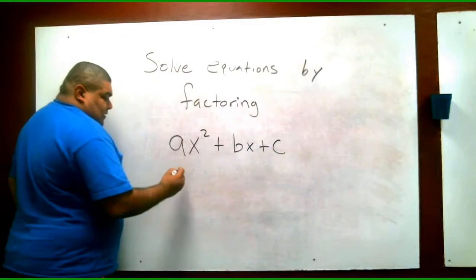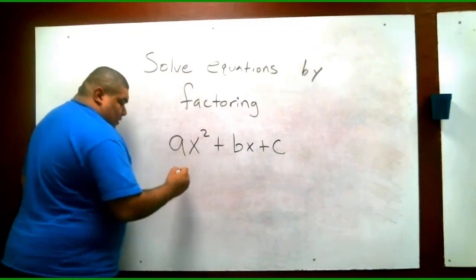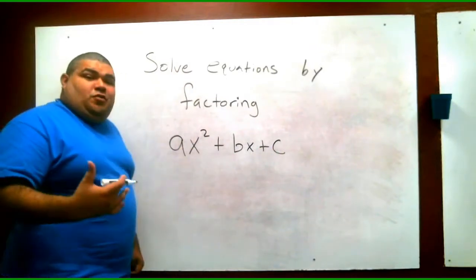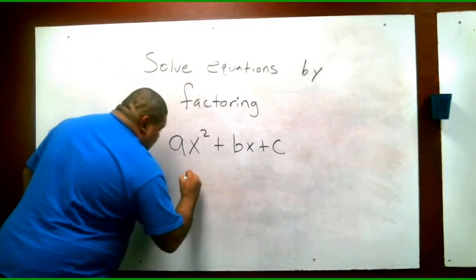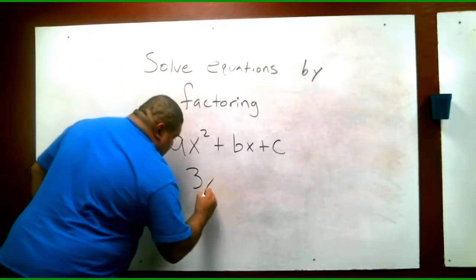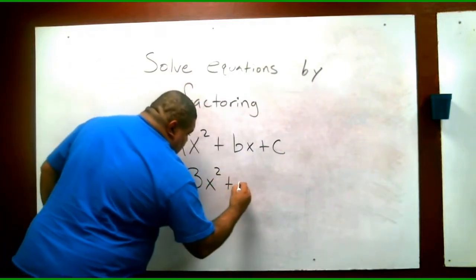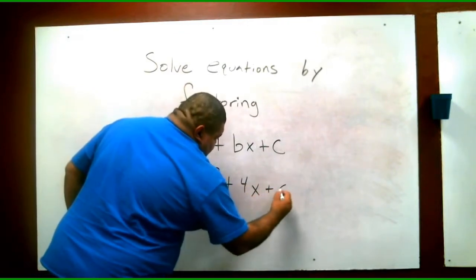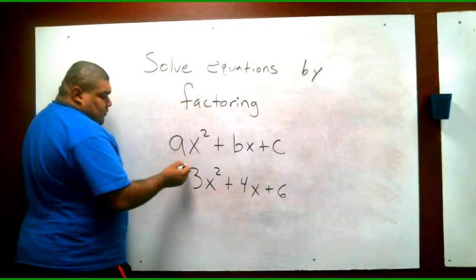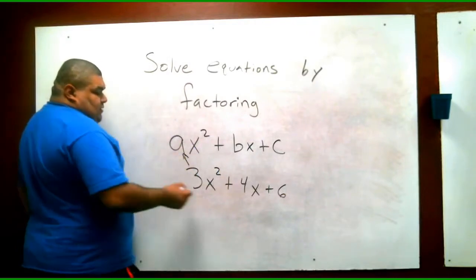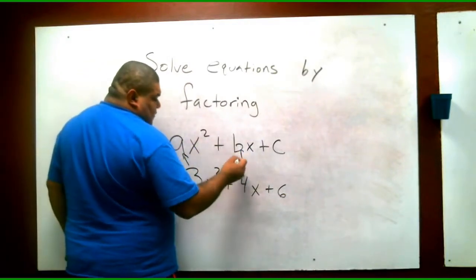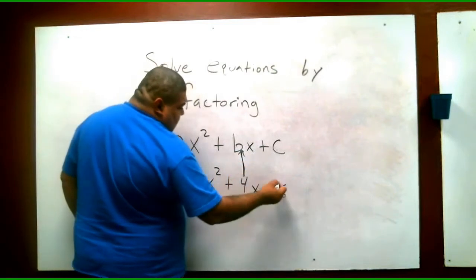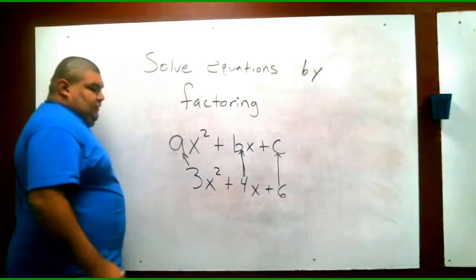Meaning the a is always in front of the x squared. So in number form, it might look something like this. We might say 3x squared plus 4x plus 6, okay? The 3 is your a, the 4 is your b, and then the 6 is your c, okay?